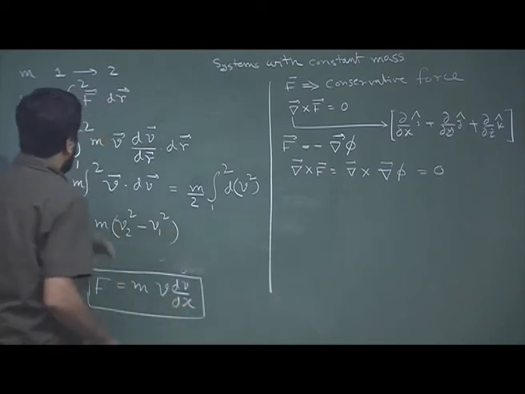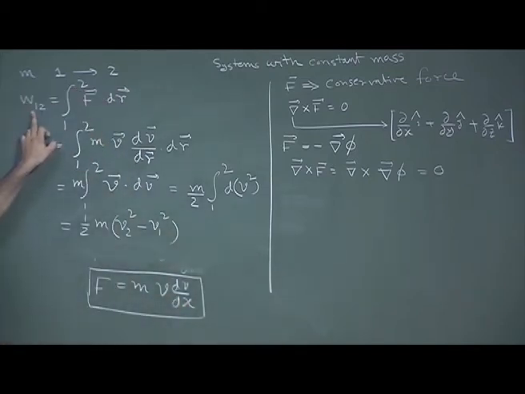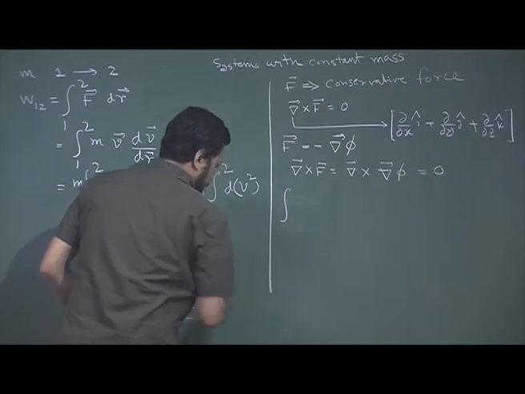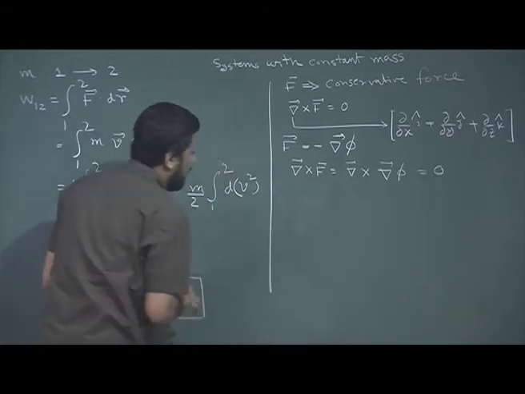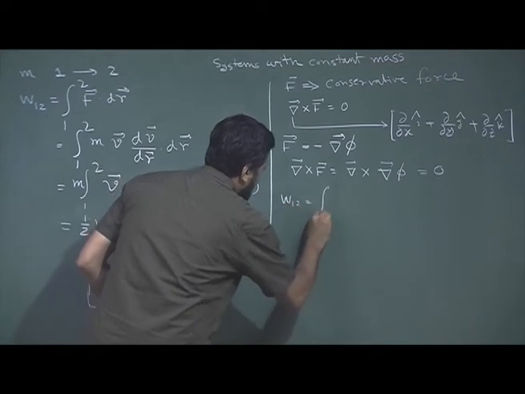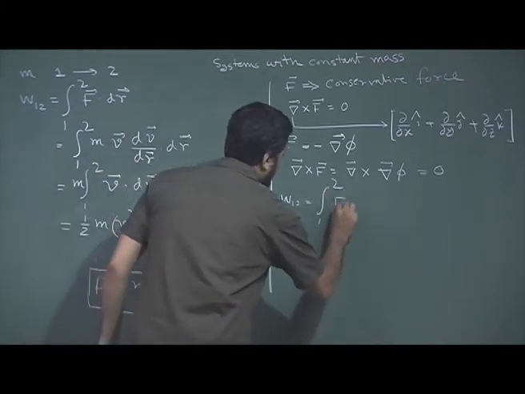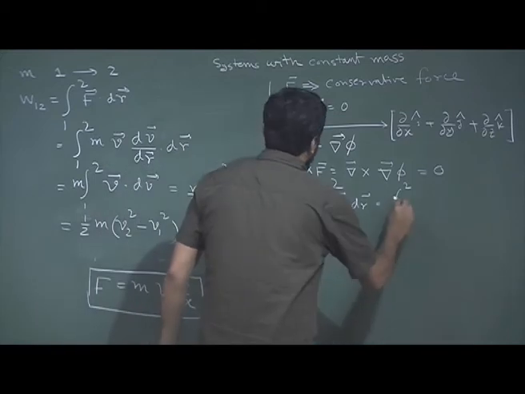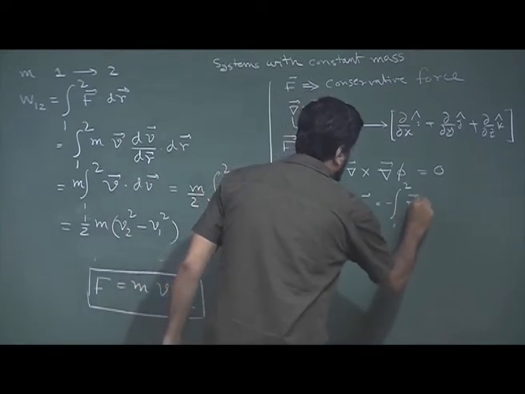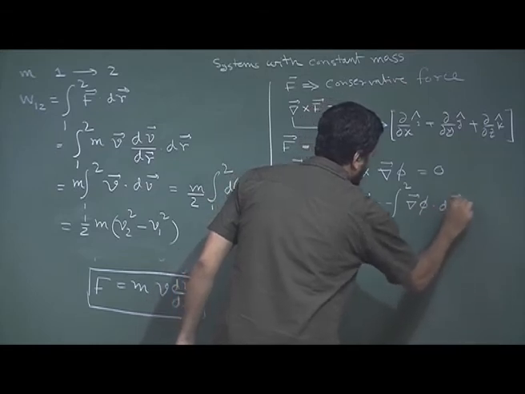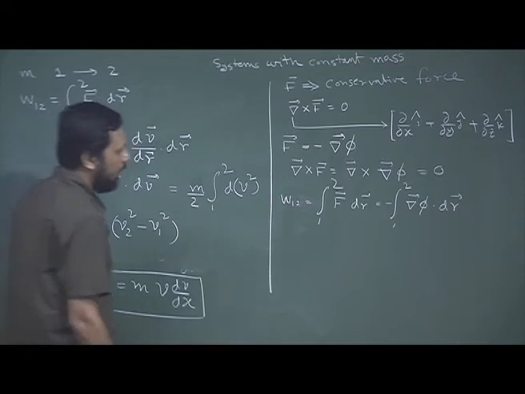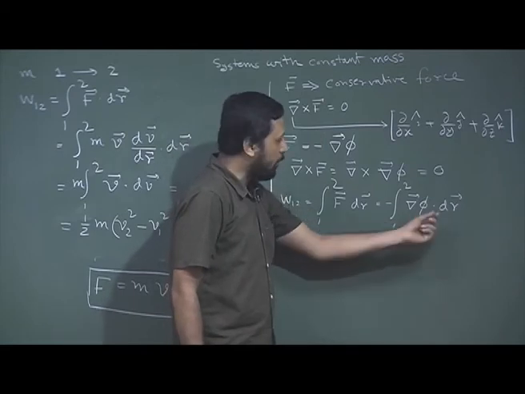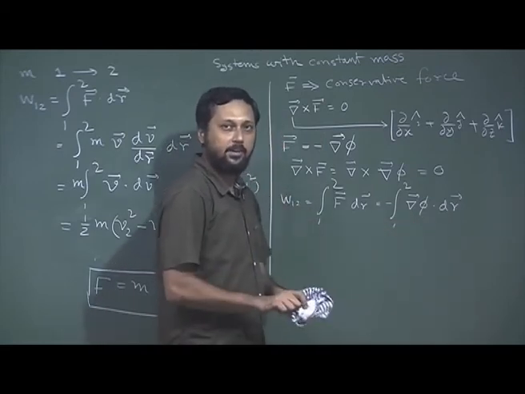Now, if we go back to this work done, W12, which will be equal to the integral of F dot dr, we can write W12 as integration 1 to 2 of minus grad phi dot dr. Now, this dr is any arbitrary small displacement vector in this entire xyz coordinate system.